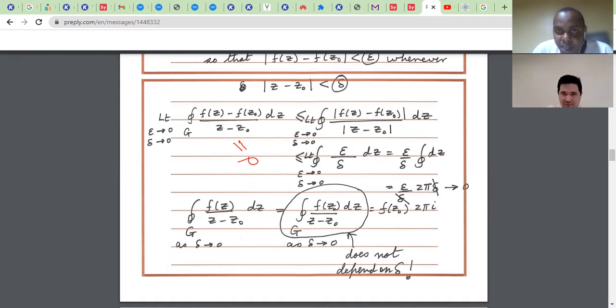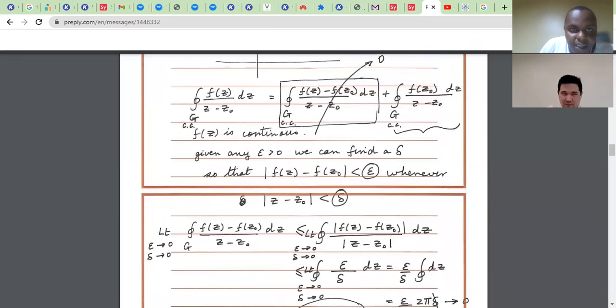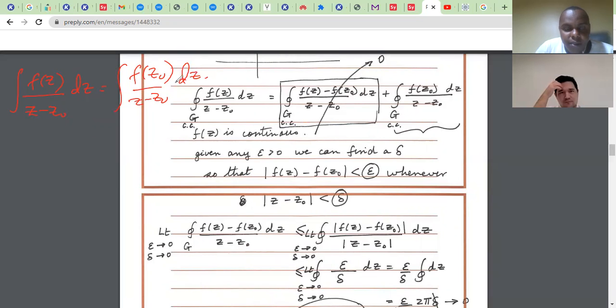And if that integral becomes a zero, then we have that the integral of f of z divided by z minus z naught dz will be equal to the integral of f of z naught over z minus z naught dz. Given this, if we take out f of z naught because it's a constant, then this is going to be f of z naught multiplied by 2 pi I, right?